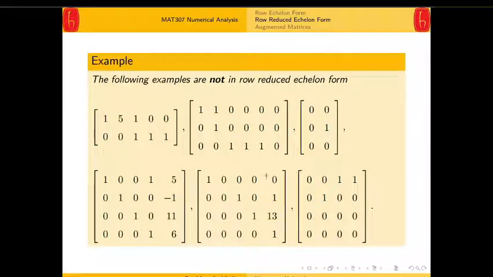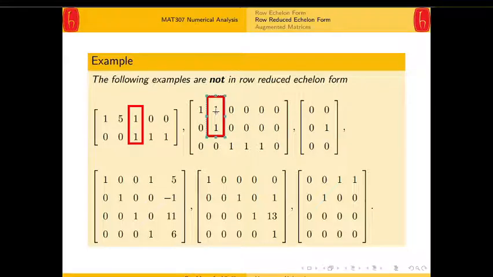Let's give examples of matrices not in row reduced echelon form. For this one, the leading entry is not the only non-zero element in its column, so this is not row reduced echelon form. Here the same happens.